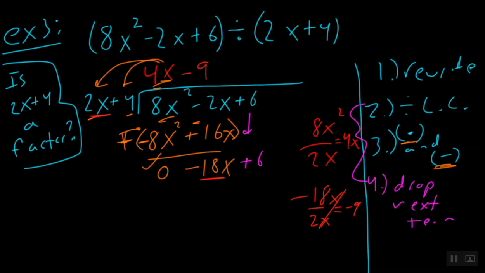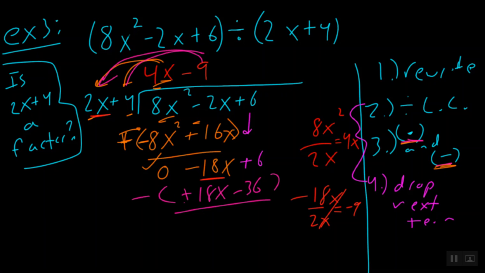Now from here, let's go back to our step number 3. I want to do this in purple now. And now we will multiply and subtract. So negative 9 times 2x is negative 18x. Negative 9 times 4 is negative 36. And at this point, remember, I'm now going to subtract that entire expression.